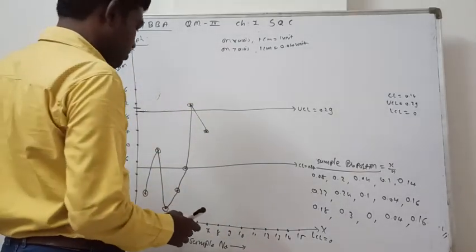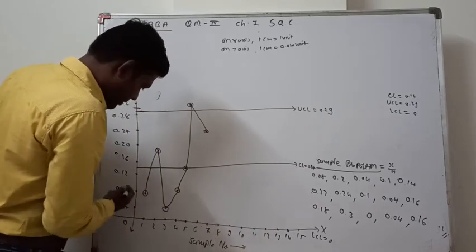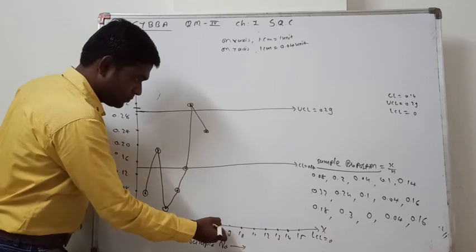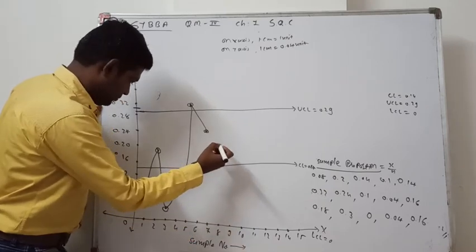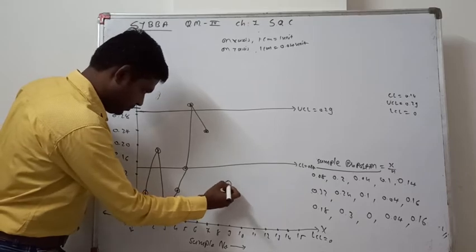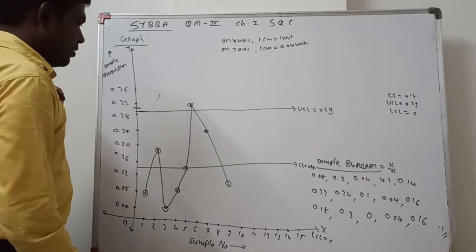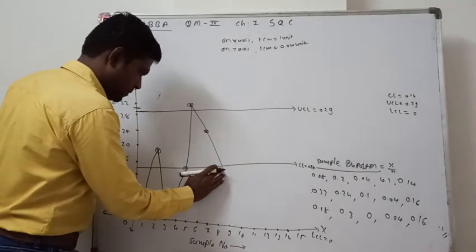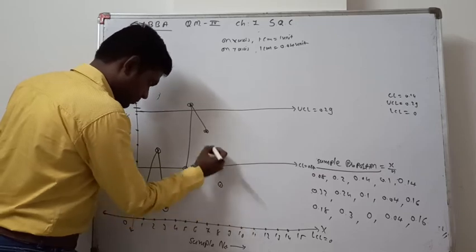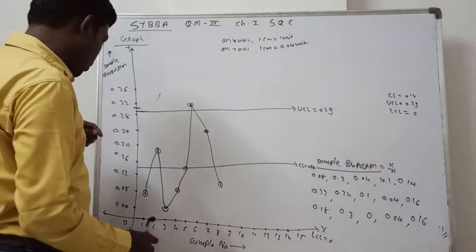Next 0.1 again over here, between 0.08 and 0.12. Next 9th, that is 0.04.